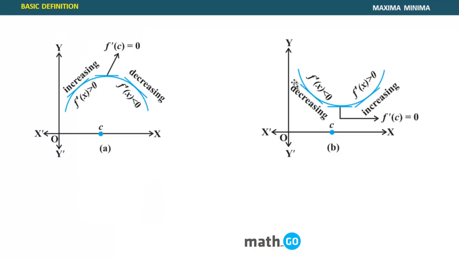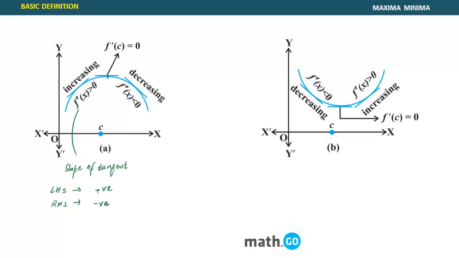Now if you want to highlight something that would define how you find a maxima minima point, let's say in this particular graph, at x equal to c, the slope of the tangent, that is f dash x, is positive on one side because the slant is like this. At the left hand side, LHS, the slope of the tangent is positive, and at the right hand side of c the slope of tangent is negative.